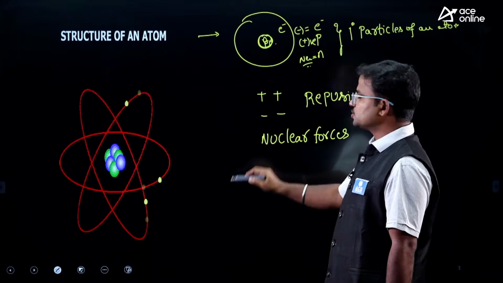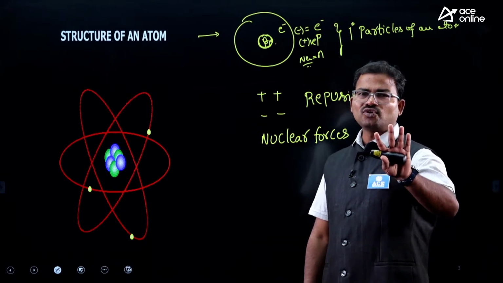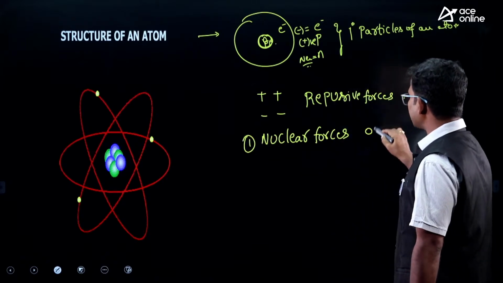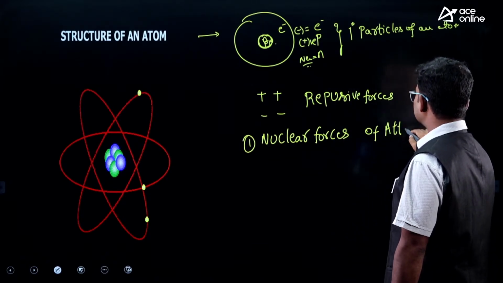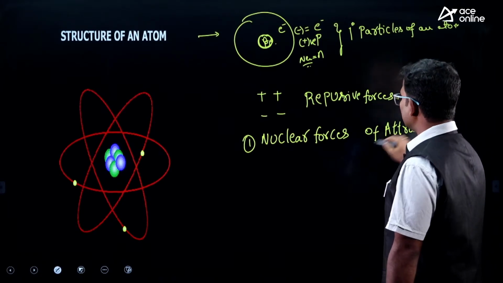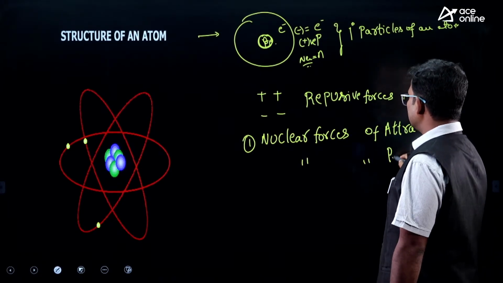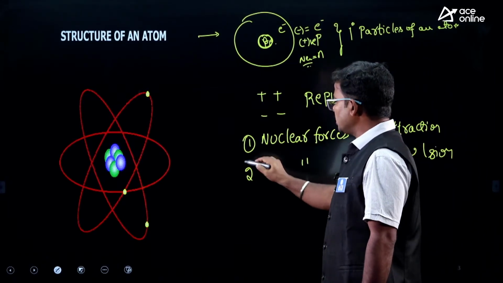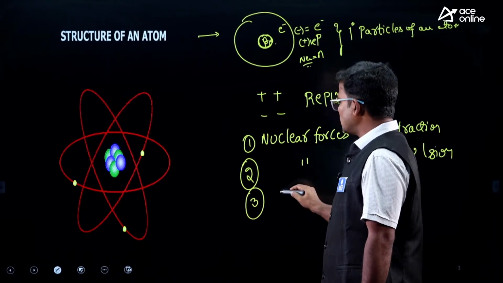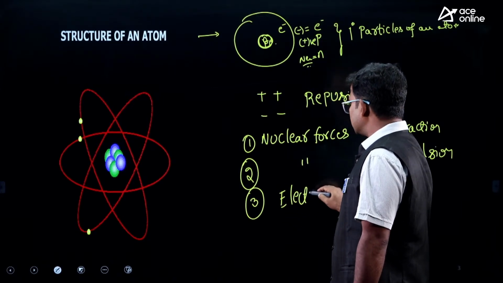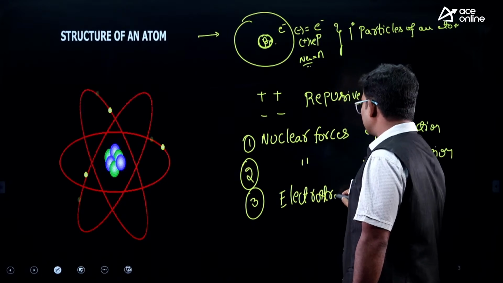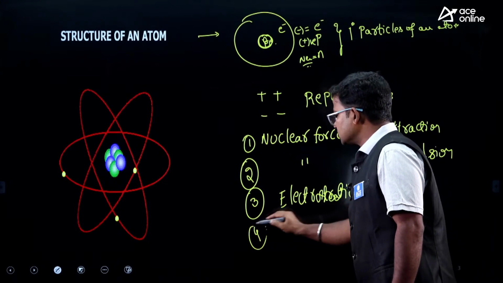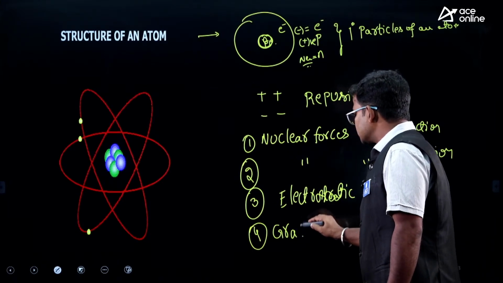So finally guys, in this universe we have four forces. One is nuclear forces of attraction. Second is nuclear forces of repulsion. Third is electrostatic forces. Fourth is gravitational forces.